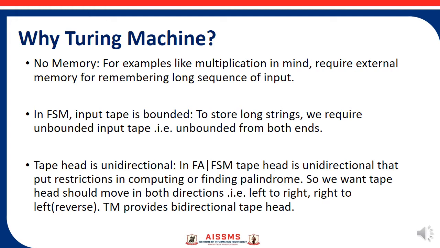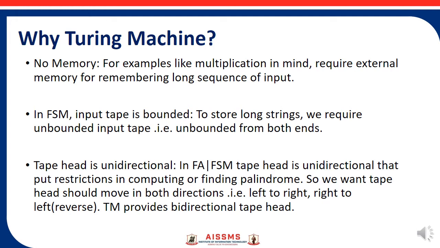So Turing machine is the one which comes with the memory. In FSM, the input tape is bounded. To store long strings, we require an unbounded input tape, and the Turing machine comes with an unbounded input tape, which too can be accessed from both the ends.